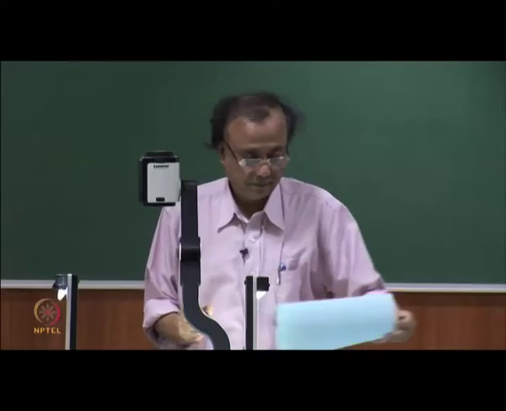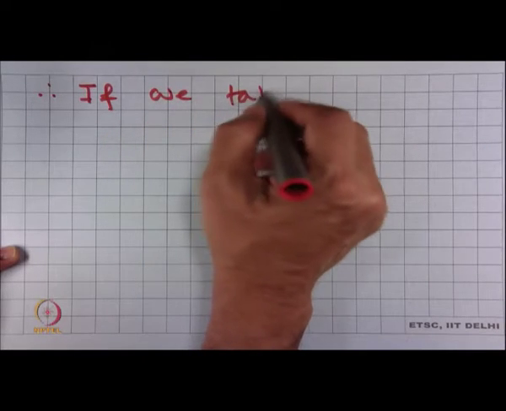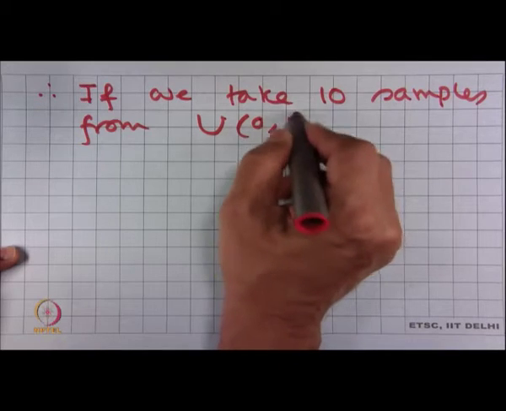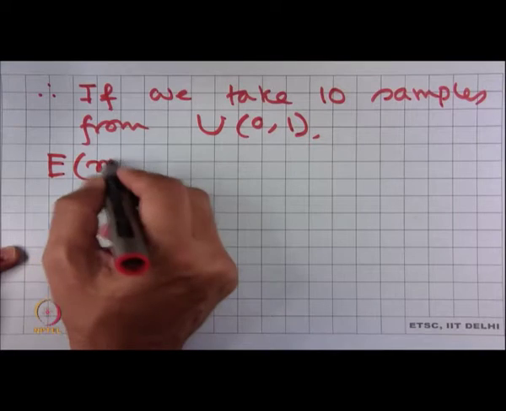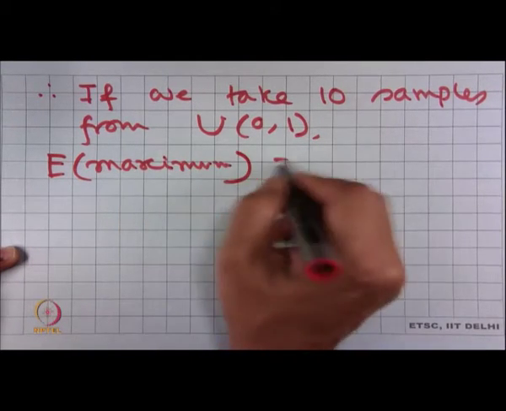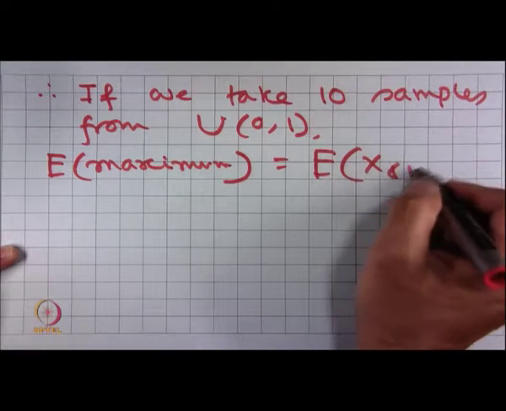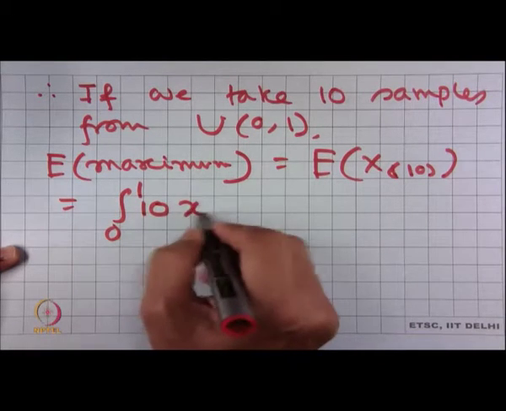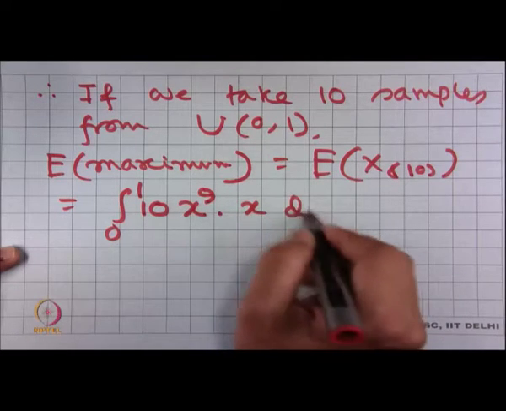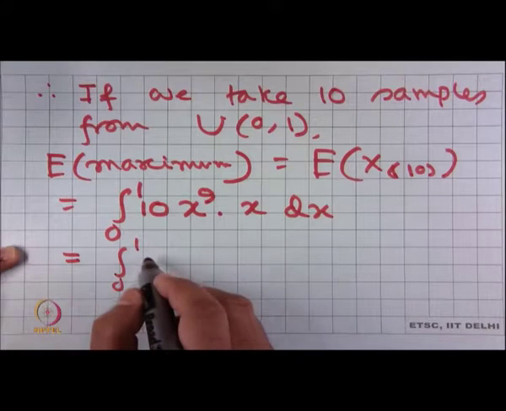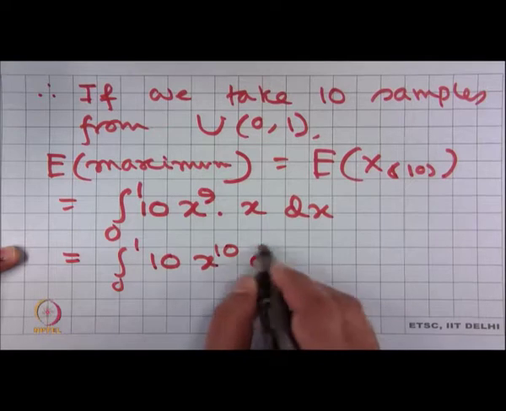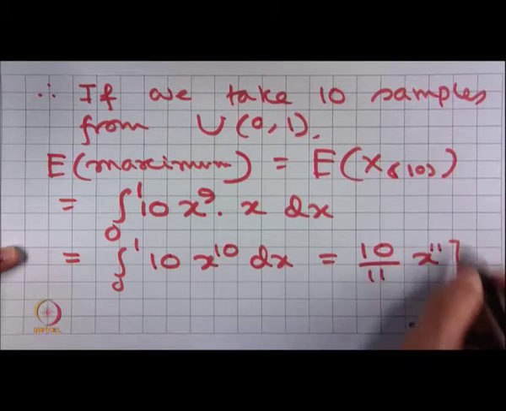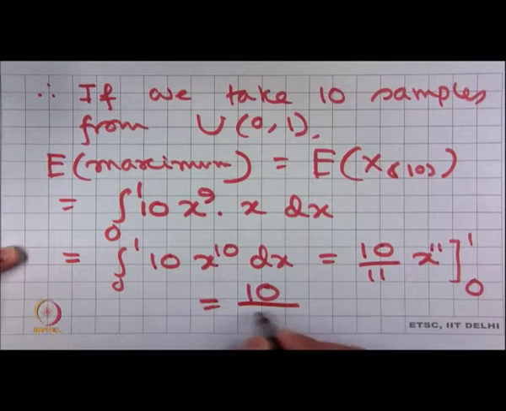Or in other words, if we have ten samples from uniform 0 1, then the expected value of the maximum is equal to the expected value of x 10, which is the integral from 0 to 1 of 10 x to the power 9 multiplied by x dx, which is the integral from 0 to 1 of 10 x to the power 10 dx, equal to 10 upon 11 x to the power 11 from 0 to 1, which is equal to 10 upon 11.